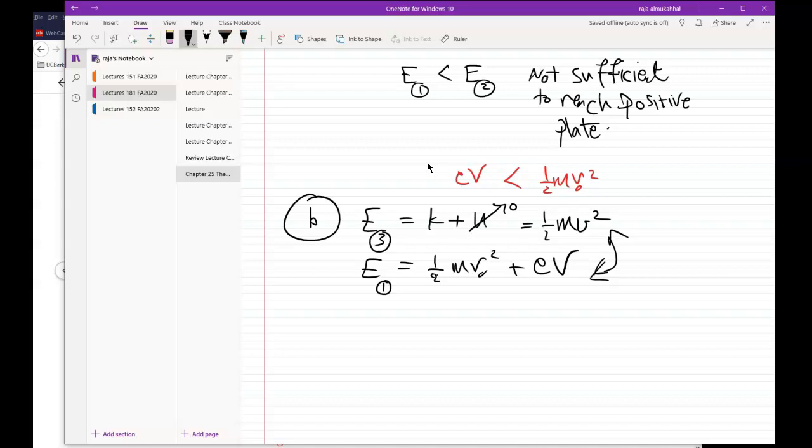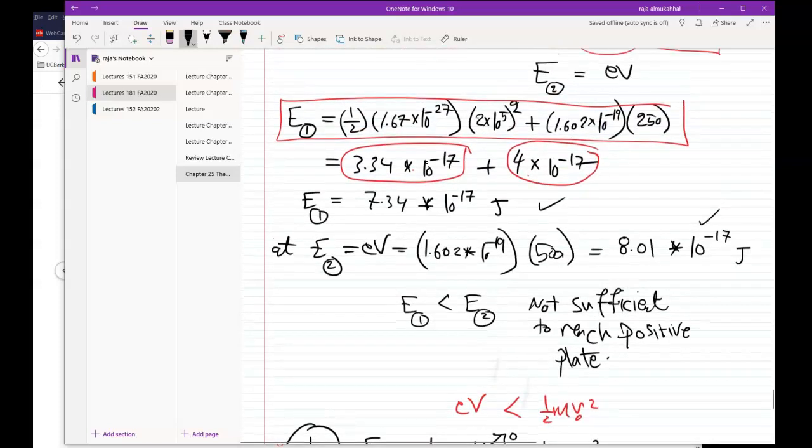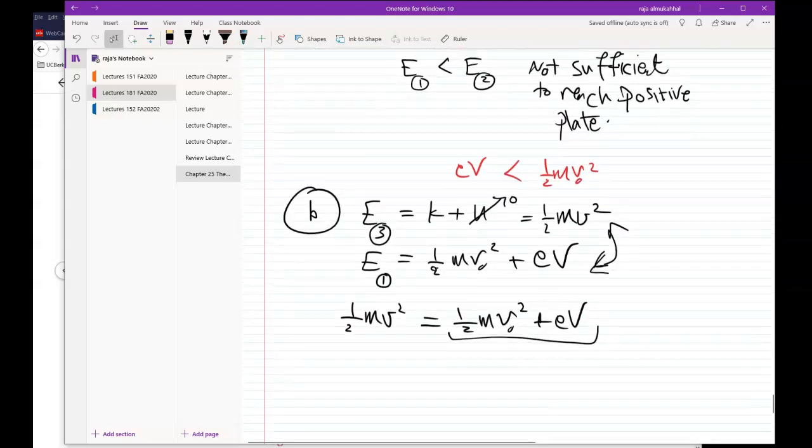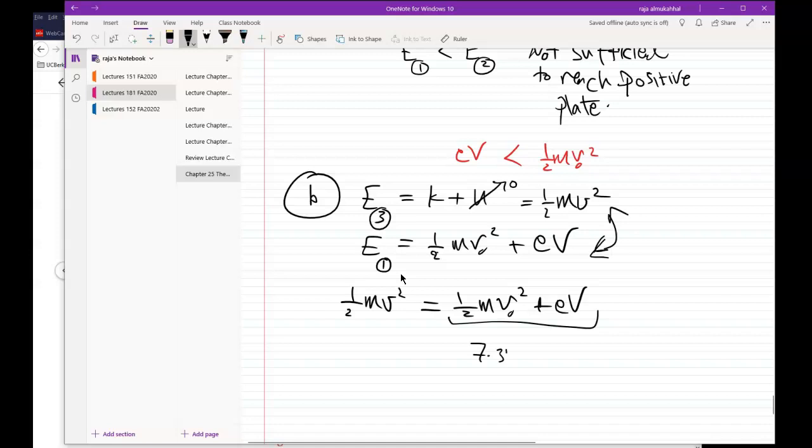So in this case, I will have 1/2 mv squared equals 1/2 mv0 squared plus EV. And this part right here is basically this part right here. See that? E1, 7.34 times 10 to the negative 17, equals 1/2 the mass, 1.67 times 10 to the negative 27, v squared.